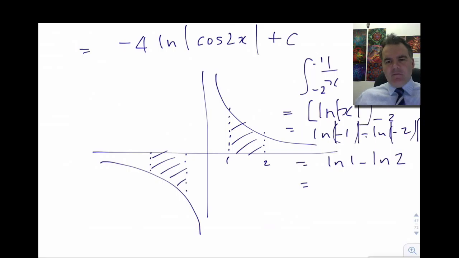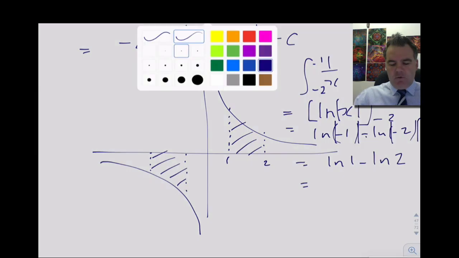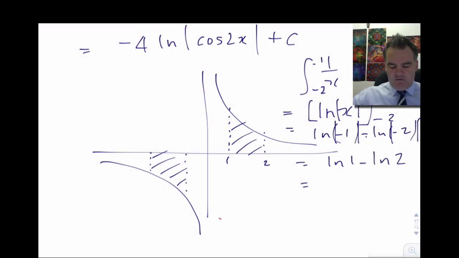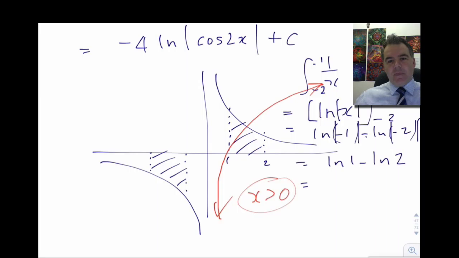So you can see that putting those absolute value signs in there is going to help us. Remember, if we're looking at the ln function, it's going like this, the natural log function. So it's only defined for x values greater than 0. So when we're dealing with the integrals with ln in them, we need to only be talking about positive values, hence the absolute value signs when we do these integrals.